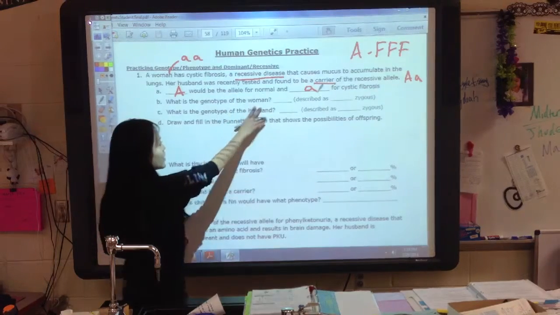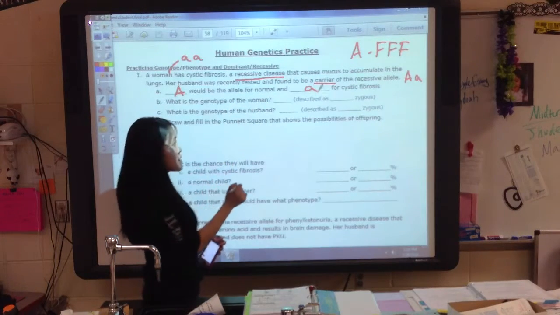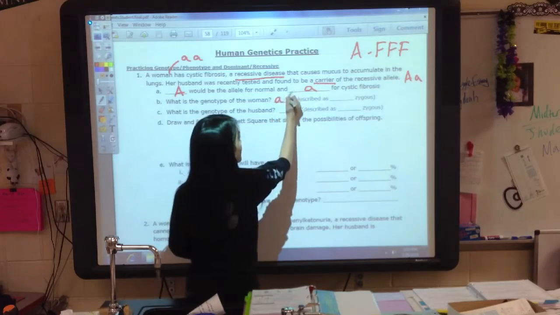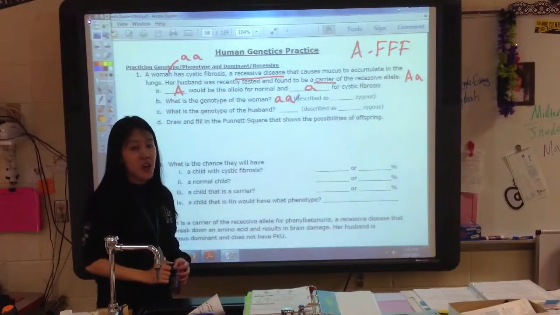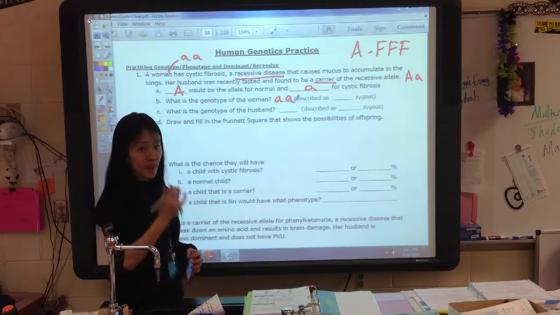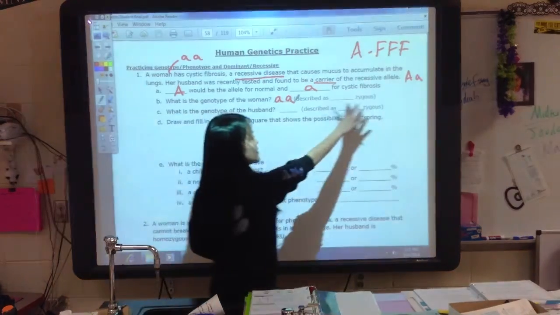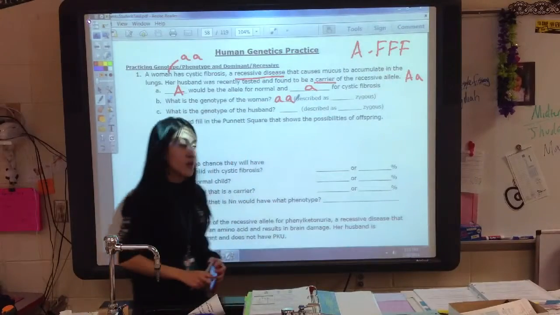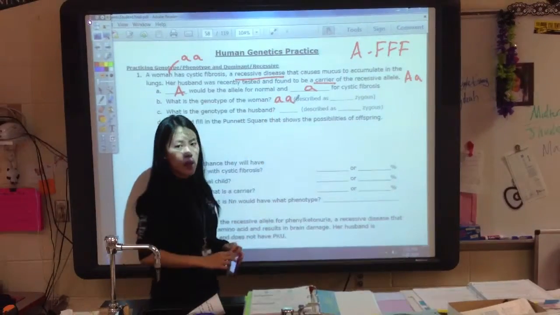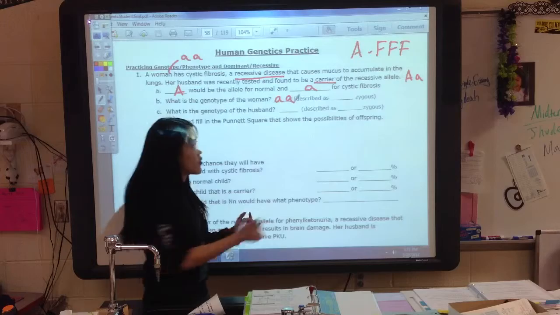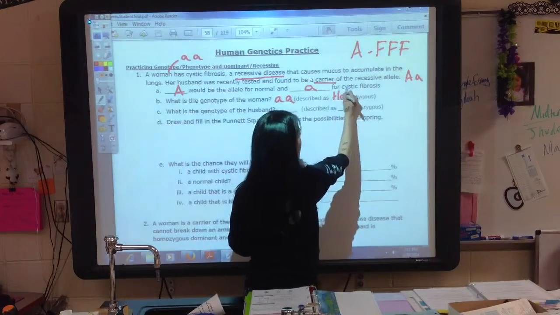Well, we've already said if she's having a recessive disease, she has to have little a, little a. It's just like not being able to roll your tongue. You'd have to have little a, little a. This is described as blank zygous. So if both letters are the same, is that hetero or homo? That's actually going to be homozygous.